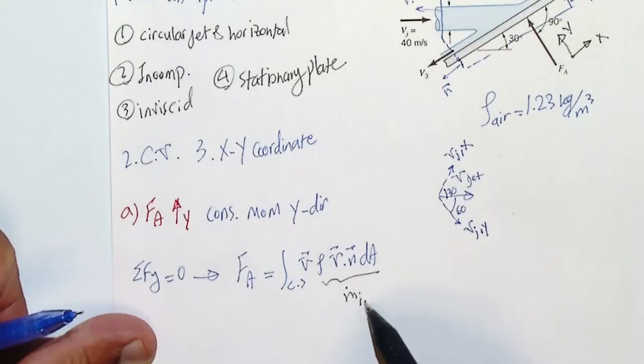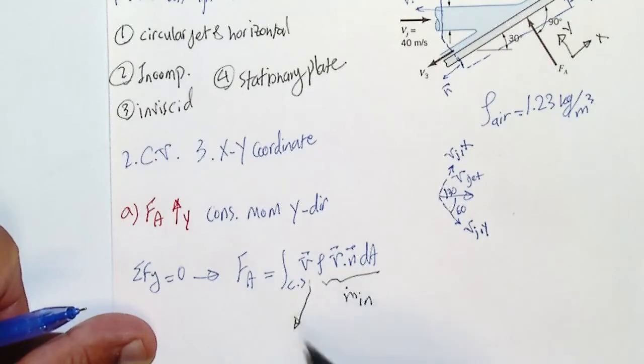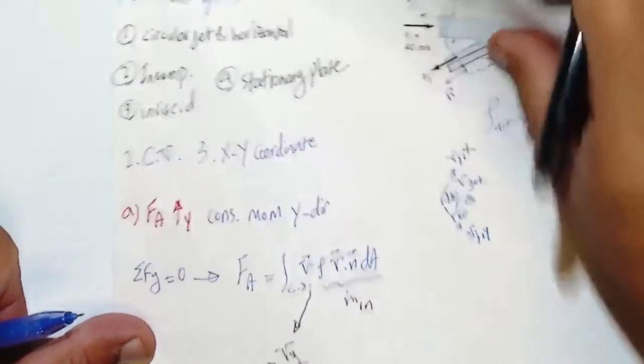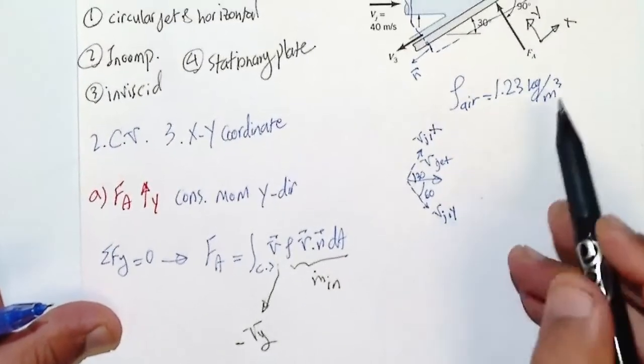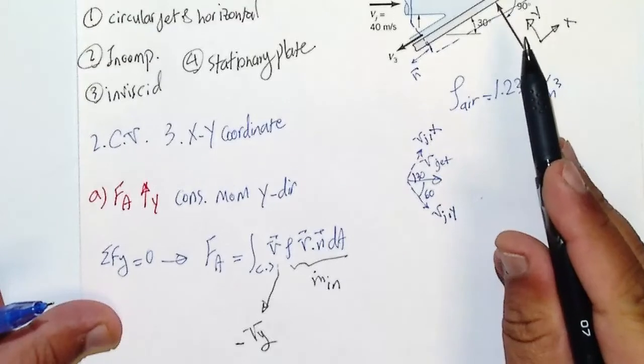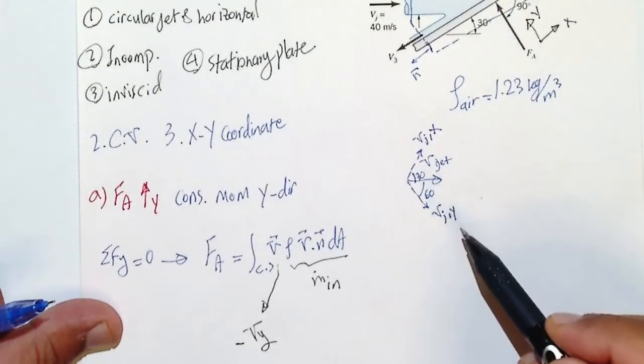that comes in, and V is the component of velocity of the jet in y direction, right? So first you need to find that this is going to be your Vy, and since Vy is downward, it has to be a negative sign, okay? Because the Vy component you have is on the negative side of y. Y is positive going in this way, and Vy or Vj of y is in this way.